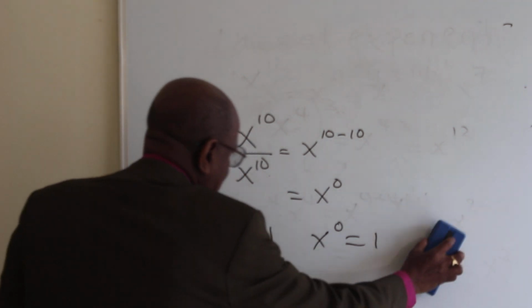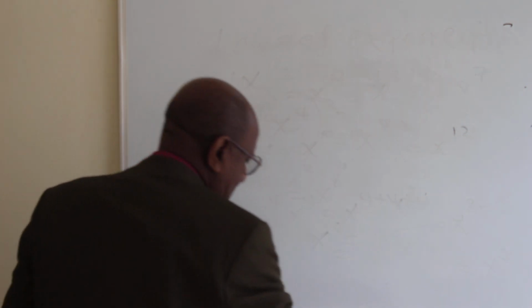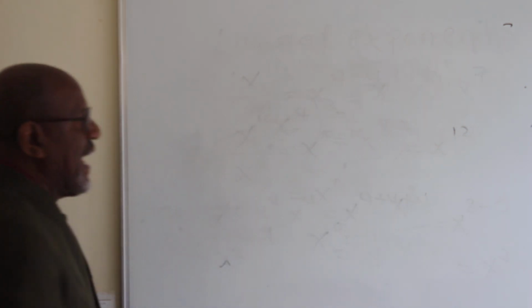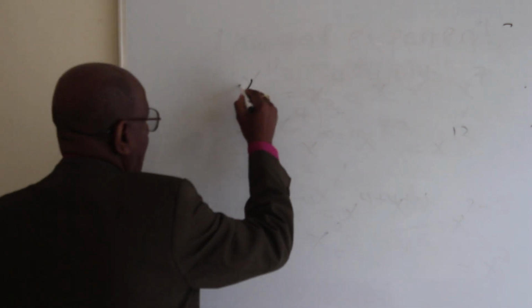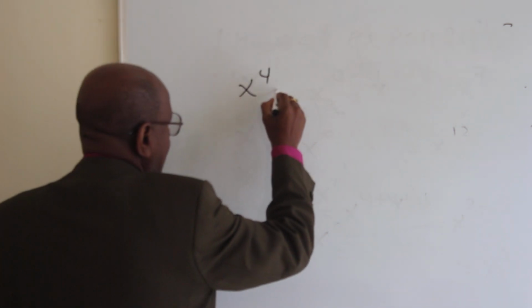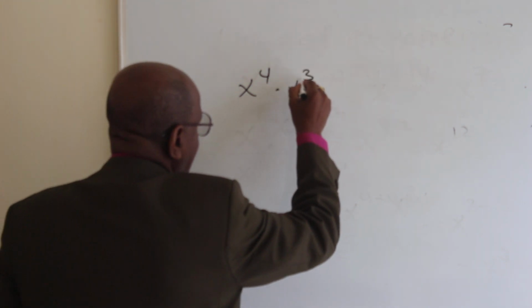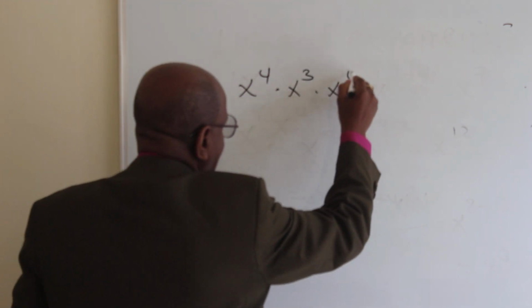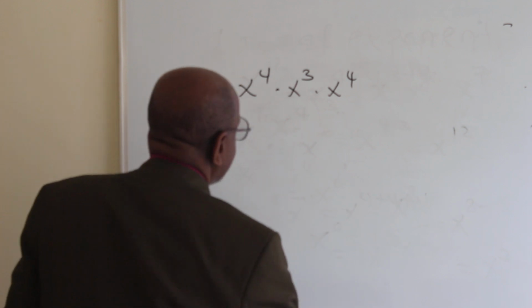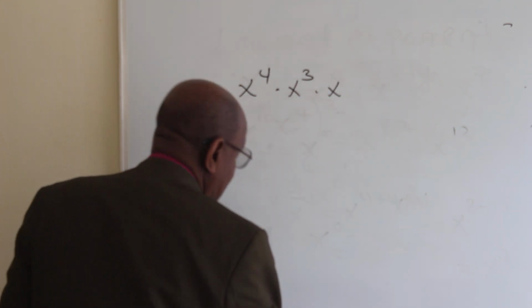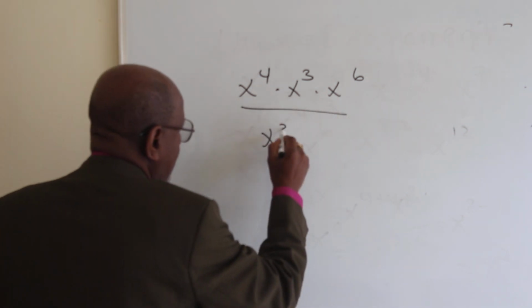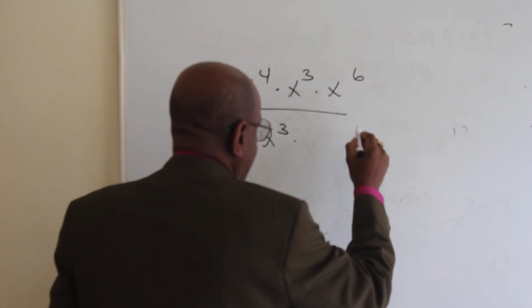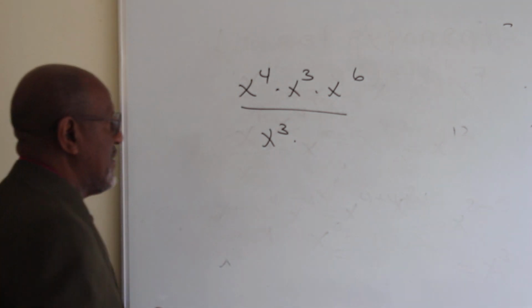So let's work on a few problems. Suppose we have, let's combine them, x to the 4th times x to the 3rd times x to the 6th, divided by x cubed. Let's see what we get here.